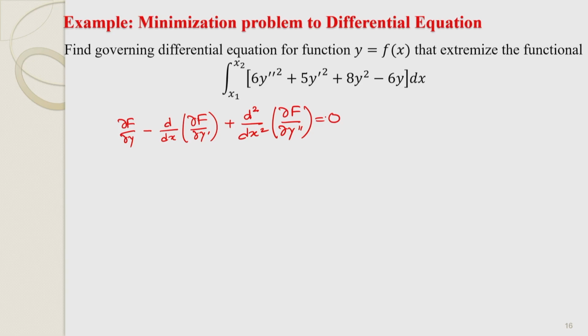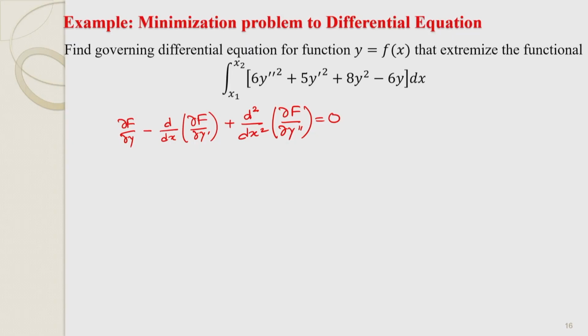This is the governing differential equation. The next term, if there was a third order derivative, would be minus d3 dx3 del f del y triple prime. The sign will change alternately.